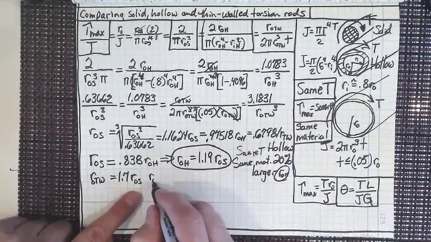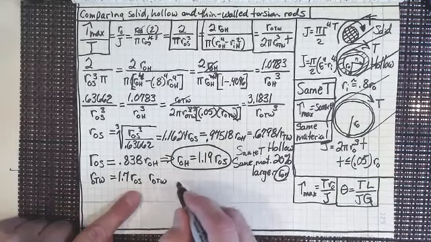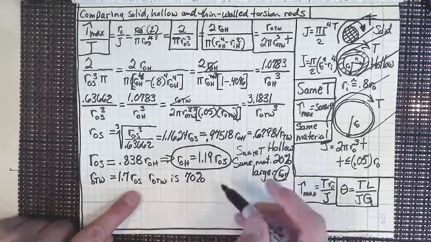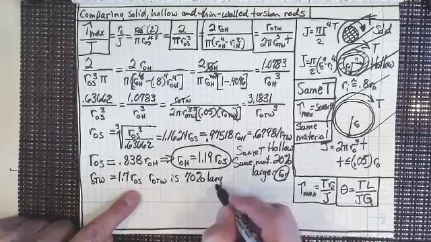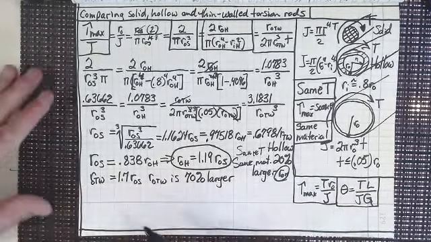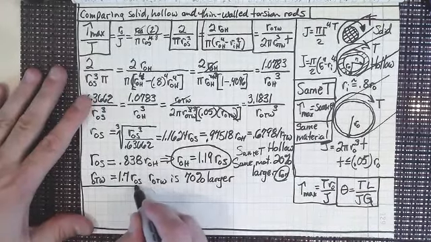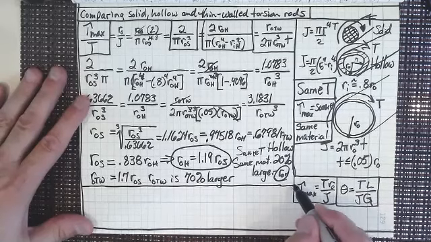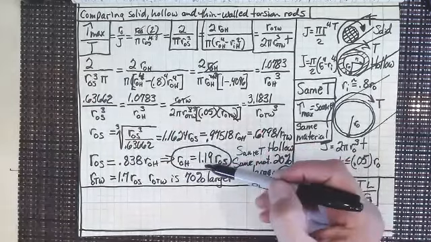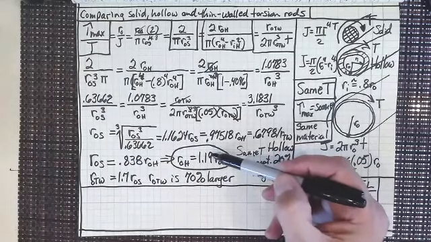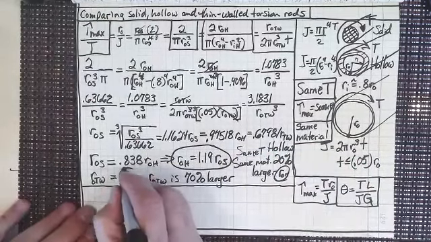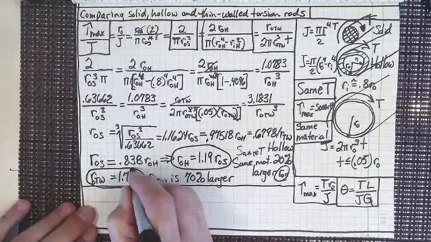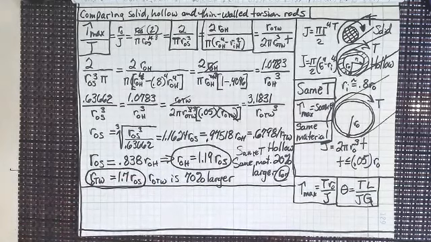So R outer of the thin-walled tube is 70% larger. Wow. That's pretty large, isn't it? So it's larger when we go with the thin-walled tube than if we go with the hollow tube. Hollow tube's 20% larger. The thin-walled tube outer diameter is going to be 70% larger.